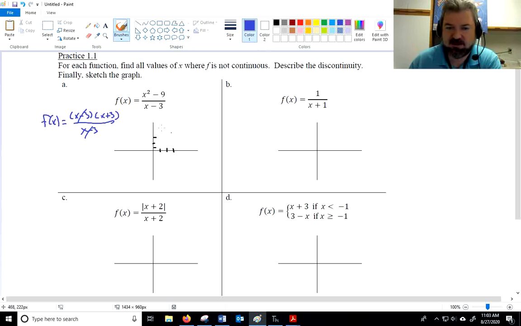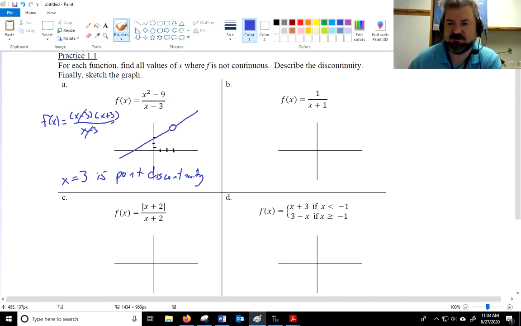So at x equals 3, this function is going to 6 actually. But the original function had a hole there. So x equals 3 is a discontinuity. What kind? Well, that's a point or removable, right? So either one of those descriptions. It's a removable point discontinuity.